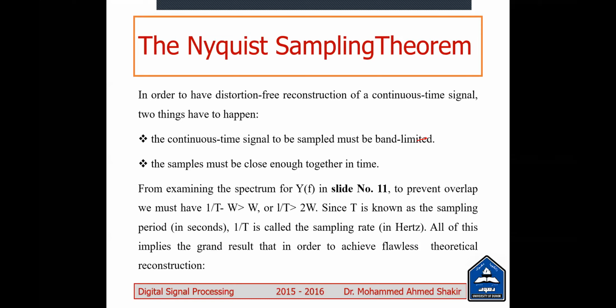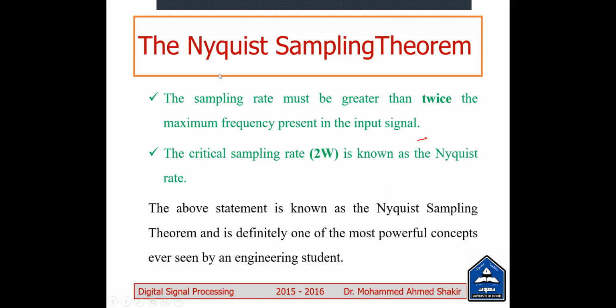All of these imply the grand result: in order to achieve flawless theoretical reconstruction, we have two important notes in green. The sampling rate must be greater than twice the maximum frequency in the input signal.